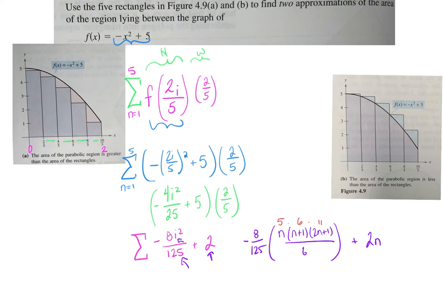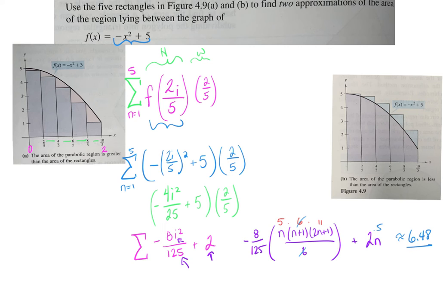So like these guys will cancel. So you have 55 times negative 8 over 125 plus 2 times 5 plus 10. And when you do all of that, they give us the answer here. We can do it out. It's going to be a decimal, 6.48. All right. 6.48. That is my approximation of what that area is.